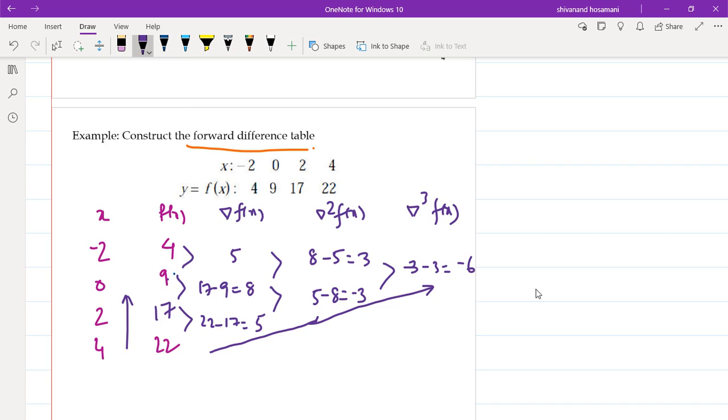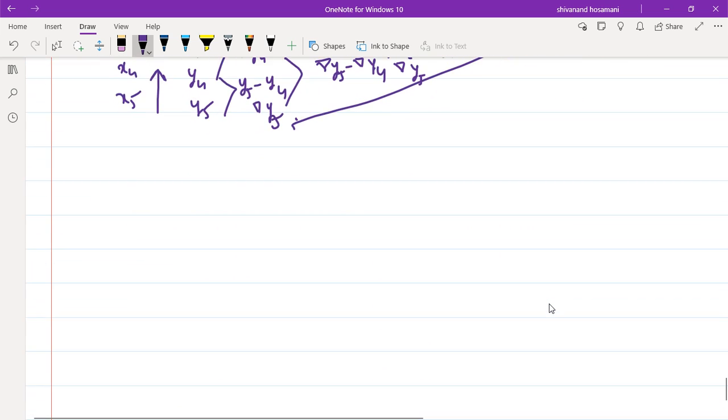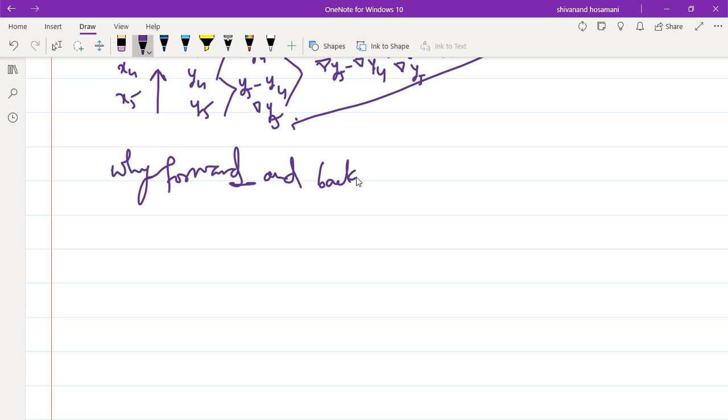So why do these backward and forward differences have to be taken? Now there arises a question: why should these forward and backward differences be considered?